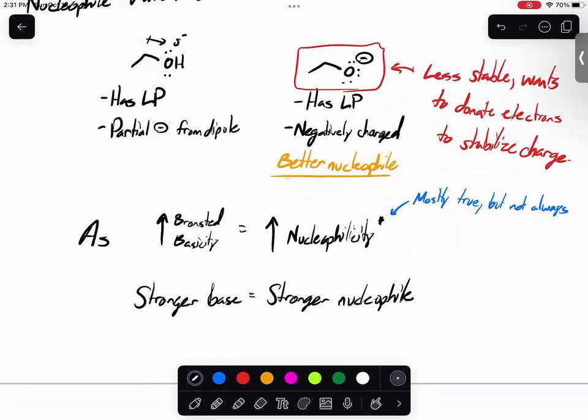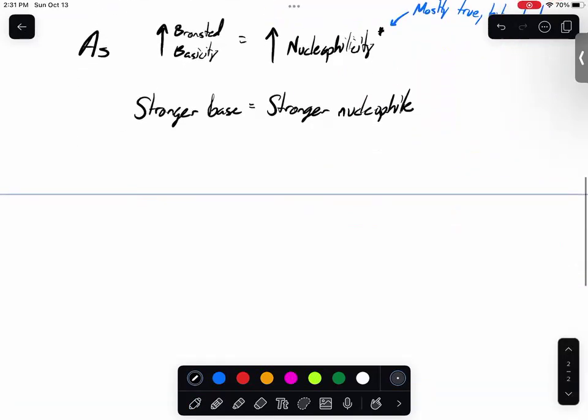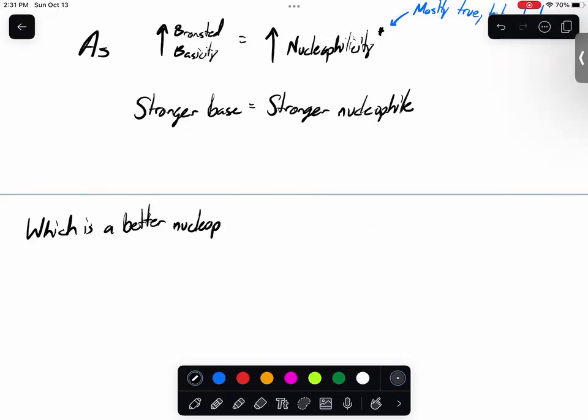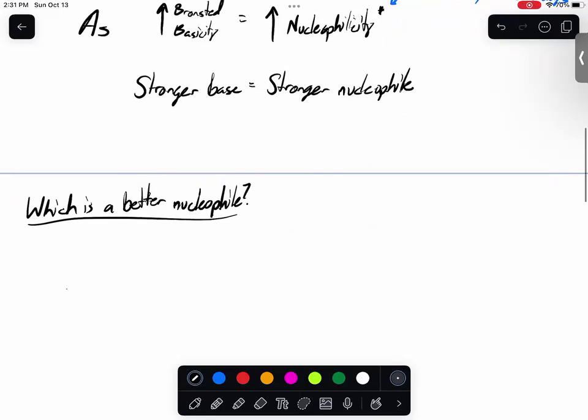Let's pull up a couple things and ask which is a better nucleophile, or which one is more nucleophilic. We can compare things such as, let's say we took a carboxylate, a deprotonated carboxylic acid, and we compare that to something like the alkoxide there. So the question is, which of these is a better nucleophile?